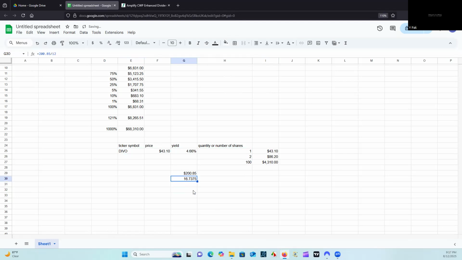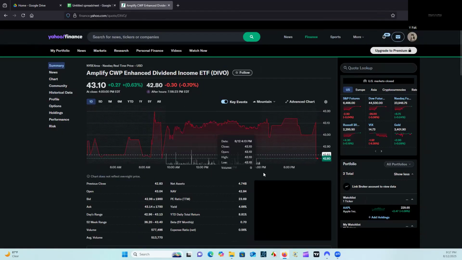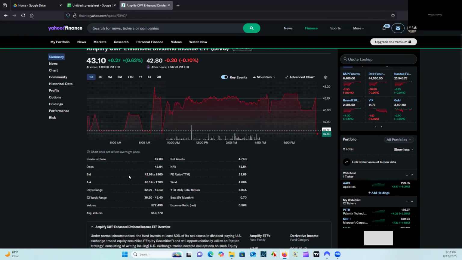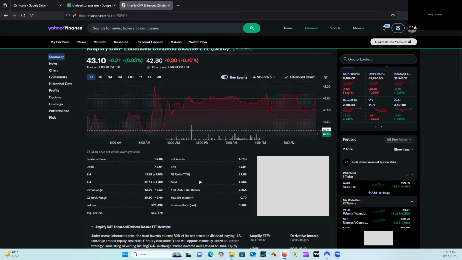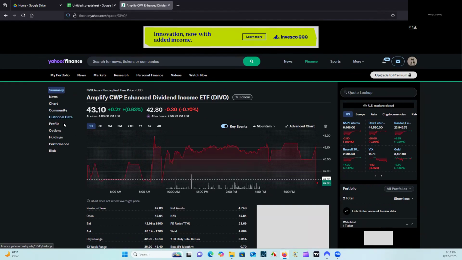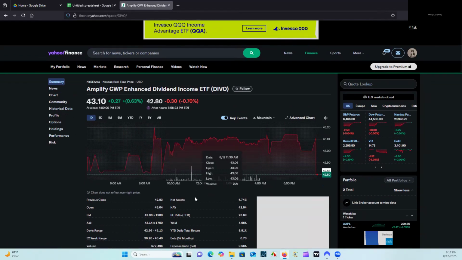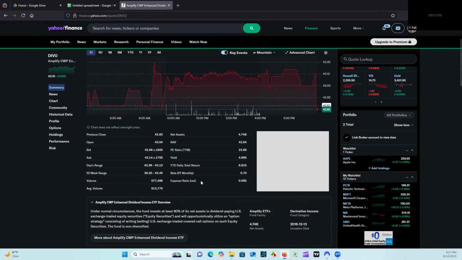Well, that will pay me $16.74 every month. This company or ETF pays every month. It should say in here somewhere, but we'll look for it. I think it pays every month.